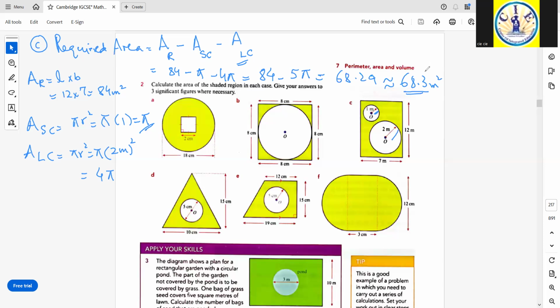Now for part D, we can see that the required region is actually the area of the circle, which needs to be subtracted from the area of the triangle. So area of triangle, from this we need to subtract the area of the circle. Area of the triangle is given by the formula half base times height.